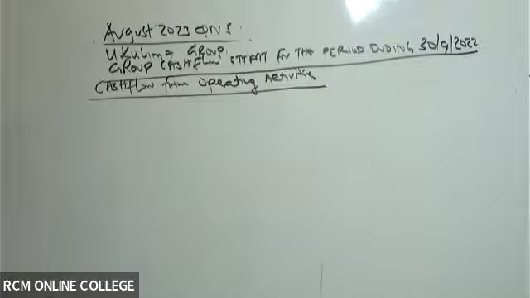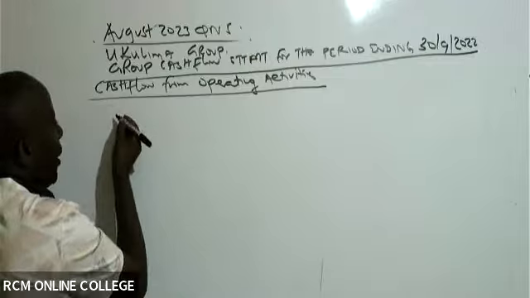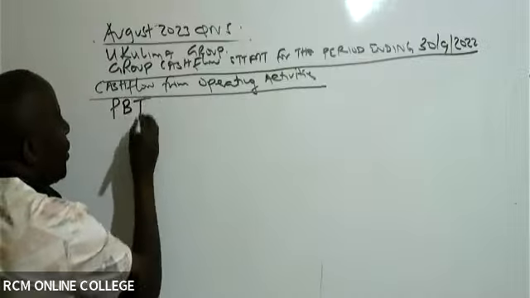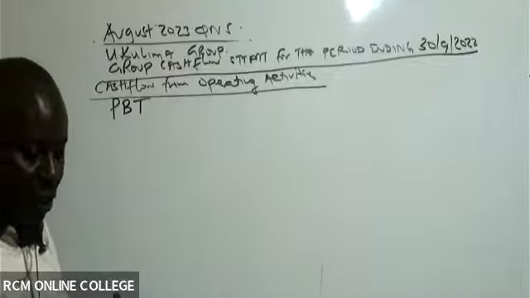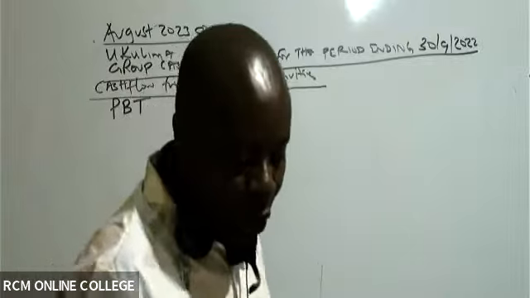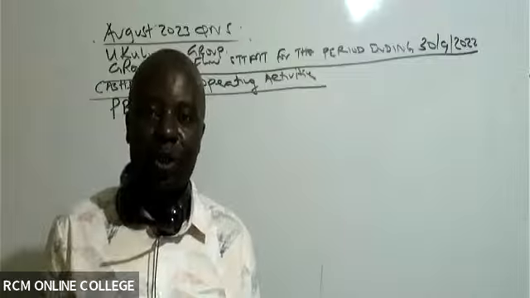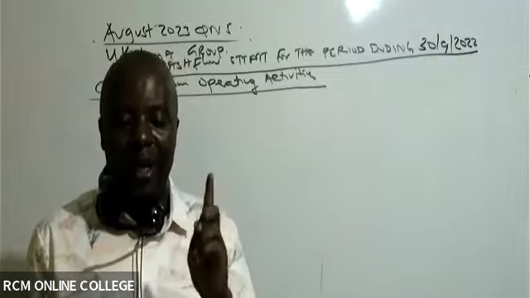All right. And then, of course, if it's the indirect method, this is what we are doing. You always start with profit before tax. Is there somebody who is able to see the profit before tax in the income statement? Remember, for you to do this, you must be given statements of financial position for 2 years, and then an income statement for 1 year.